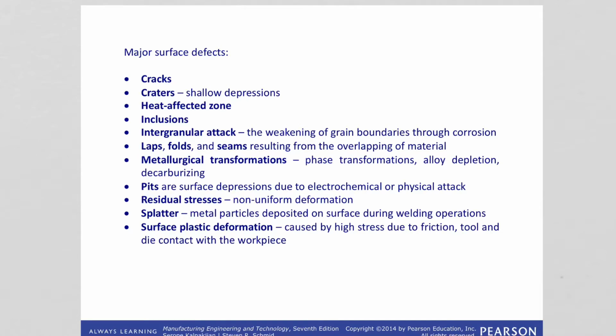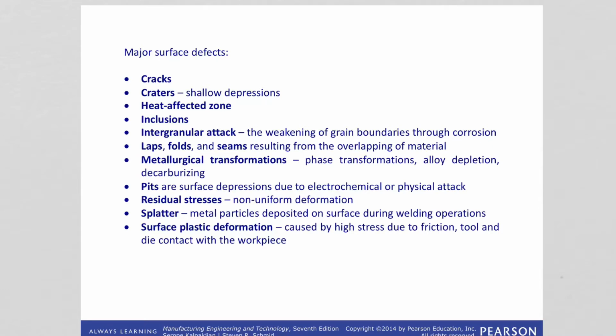Cracks. Cracks may be external cracks or internal cracks, and they can be seen with the naked eye, or maybe they are small and we cannot see them with the naked eye. Craters, these are shallow depressions.